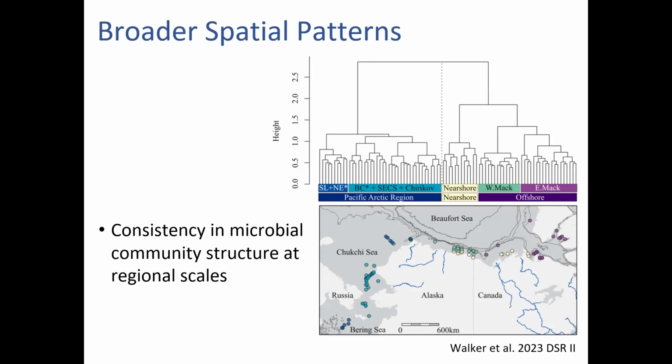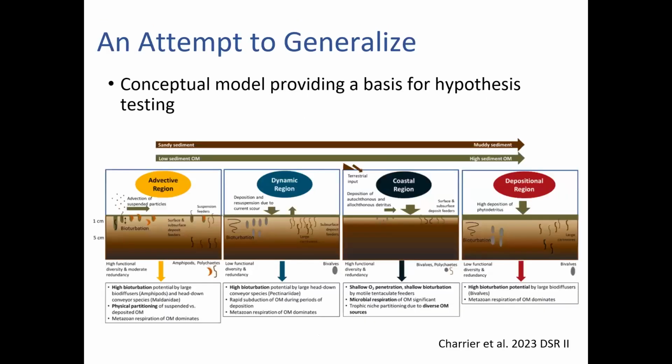So again, I think that particularly as much as microbes reflect what's going on in the environment, this tells us that there are generalizations that we can make over fairly broad areas about the factors that are important in structuring communities, and probably processes as well.